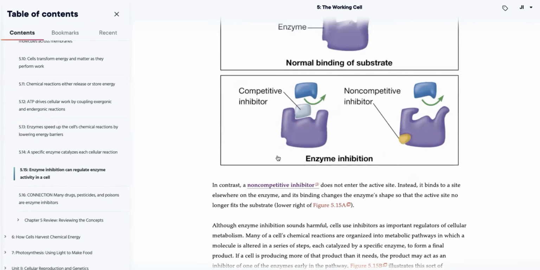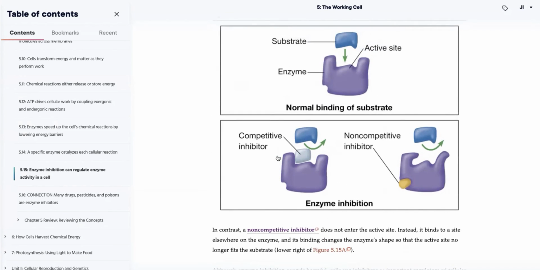The two ways that we're going to be finding enzyme inhibition taking place, right, if you have an enzyme inhibitor, it's going to be this extra molecule, right? So this would be an inhibitor here, this would be an inhibitor here, and they could differ in two substantial ways. So there are two ways in which enzyme inhibition takes place.